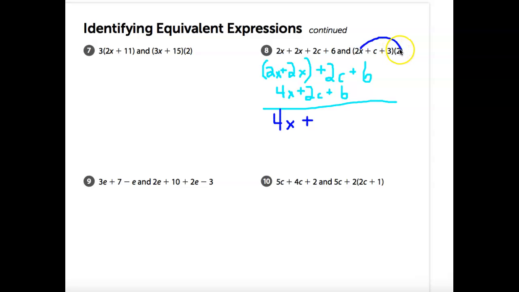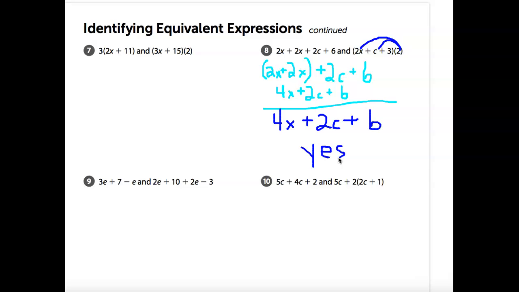Then we have to distribute 2 to the c, 2c. And then this is plus. And then we have to distribute 2 times 3 plus 6. And you can see that they are the same. So yes, these are equivalent. Okay, I just wanted to show you how to do one of those kind.